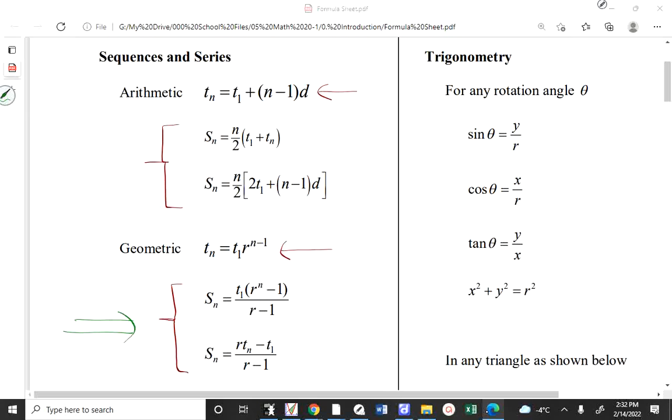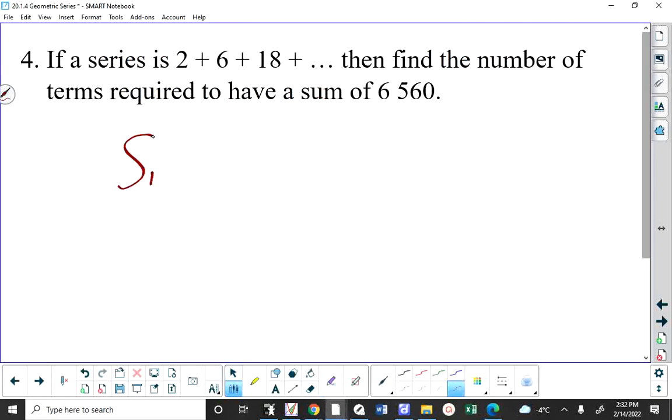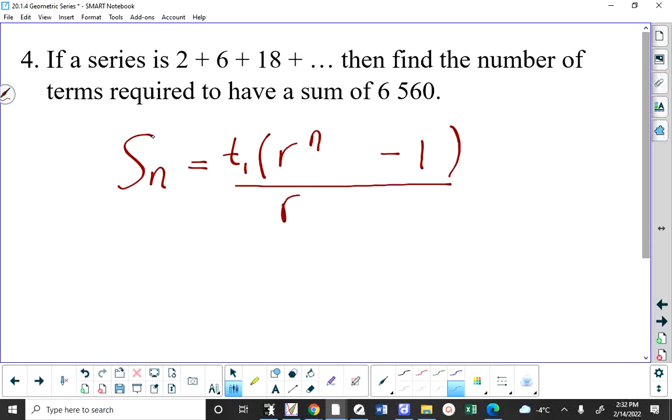But since the question asks how many terms are there, the only formula you can use is this one because the other formula doesn't have n in it. So we have to use this formula, Sn equals the first term times the common ratio to the n, then minus 1, over the common ratio minus 1.